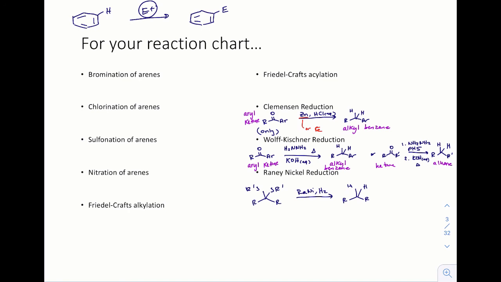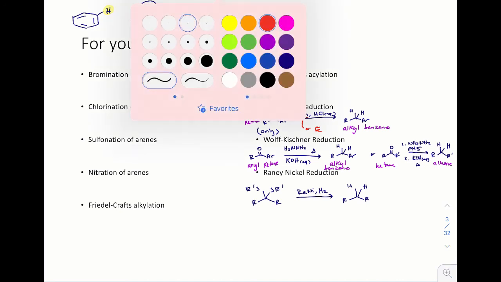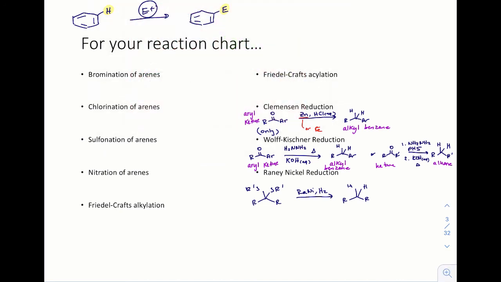And then the hydrogen atom leaves as proton H+ in an electrophile elimination step. So these are net substitution reactions. And since the substitution is an electrophile for hydrogen, it's called electrophilic aromatic substitution.